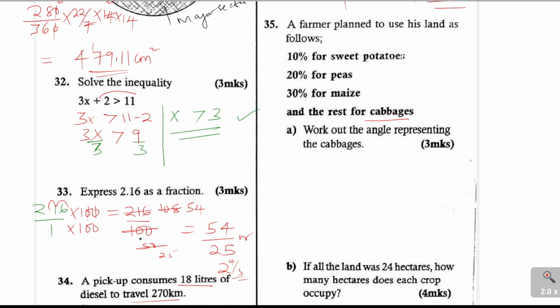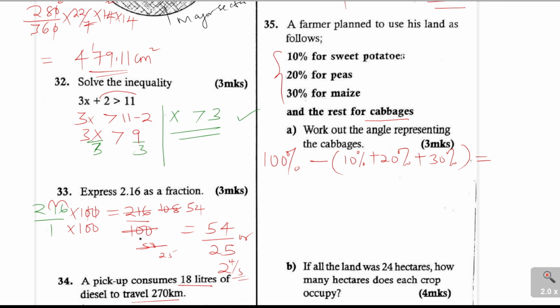So the percentage here should be 100. To get whatever is remaining for cabbages, we take 100, then subtract the sum of all these. We have 10% for sweet potatoes, 20% for peas, and 30% for maize. So the one that remains, automatically that will be for the cabbages.